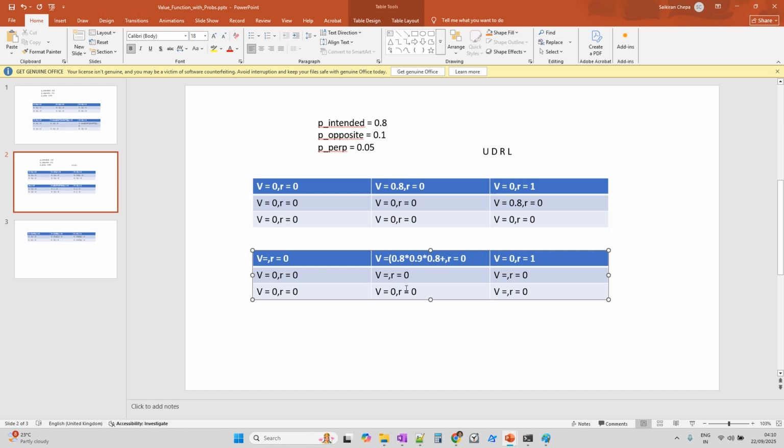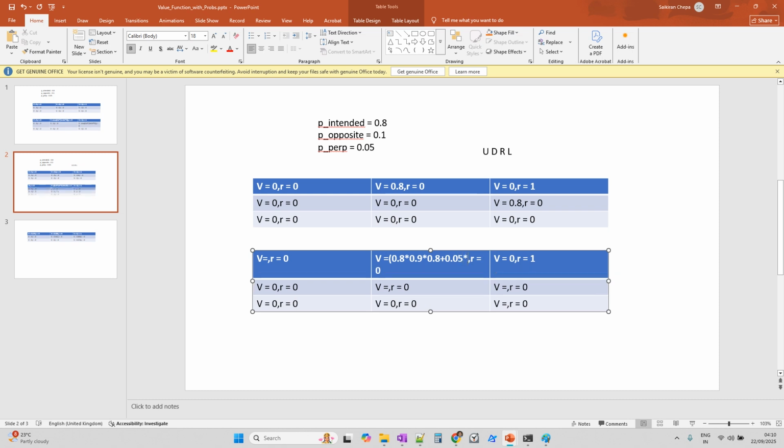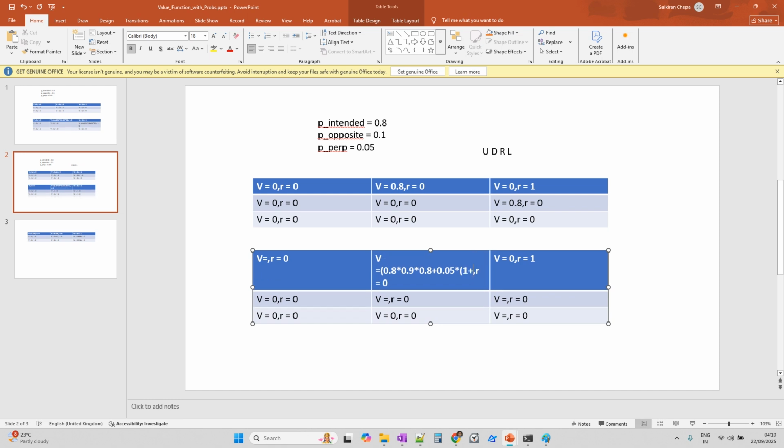Then if he goes down, there is nothing there, and to the right and left, nothing is there. If he goes to the left, then the intended direction was up, so this will be perpendicular to that. So 0.05 will come into reward 1, plus 0.9 into 0. So this is done now.